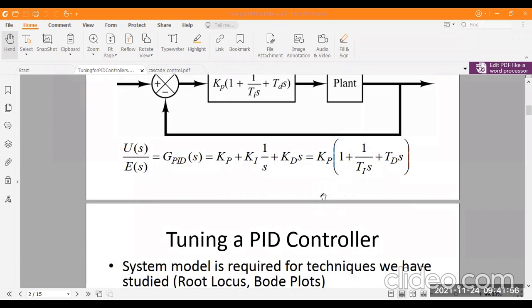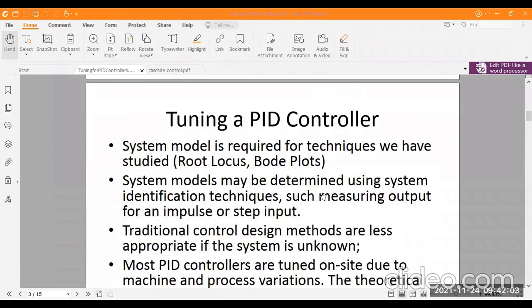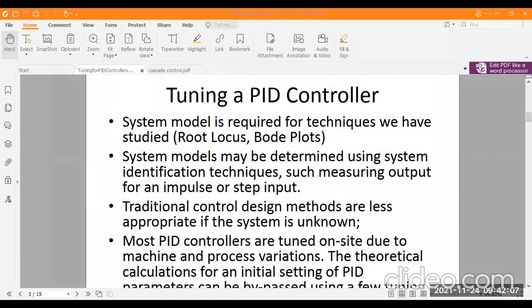The next question: what are the different types of tuning methods available for the PID controller system?